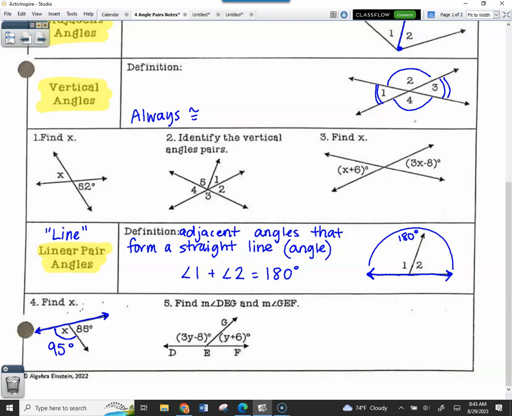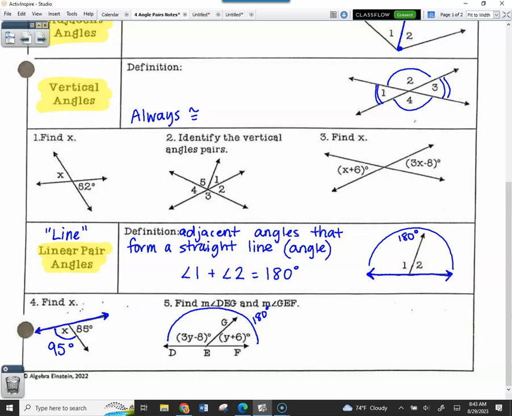Can we do the subtraction method here? No, because we do know the total, but we don't know a single angle for sure yet, do we? So instead of being able to do the subtraction method here, you would have to go straight to that equation.